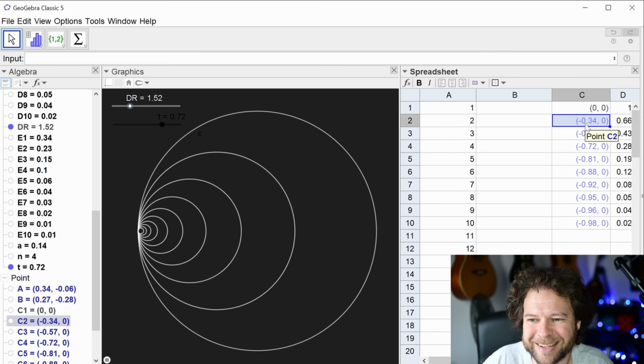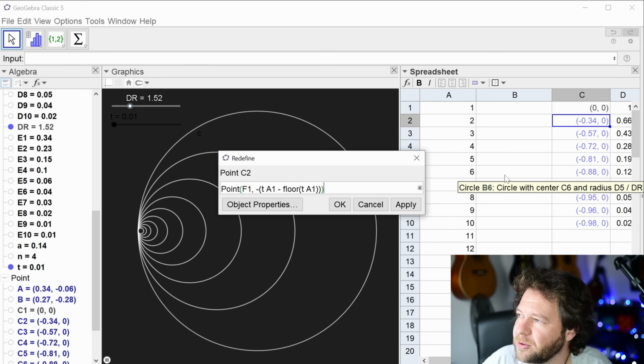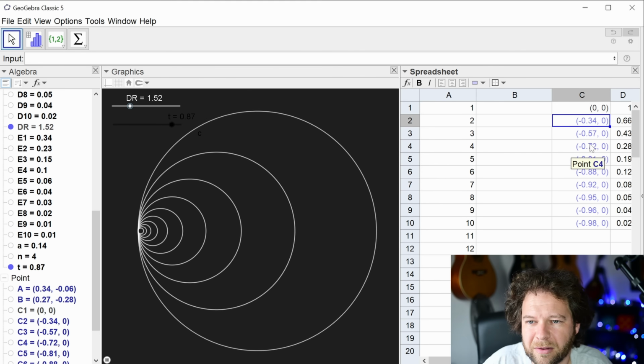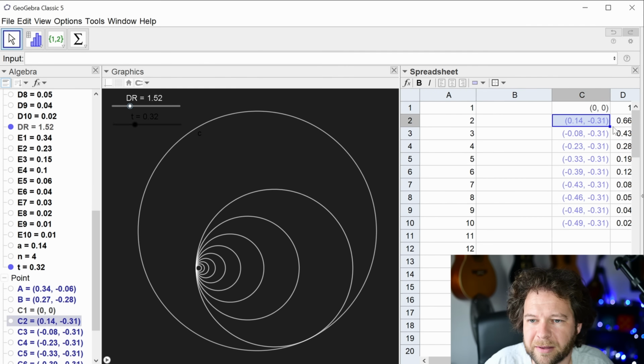Oh, it's gone negative. Okay. Why has that not worked? When you do the floor of a negative number, do you just go to the next negative? Huh. Oh, the parameter can't be negative. Okay. Let's make that positive again and fix it another way.